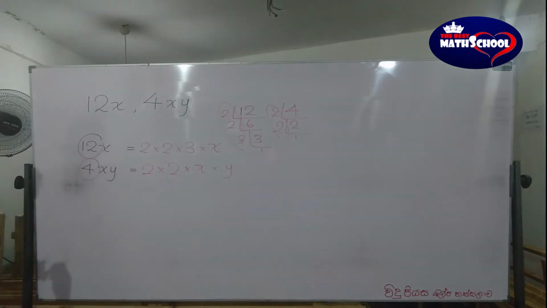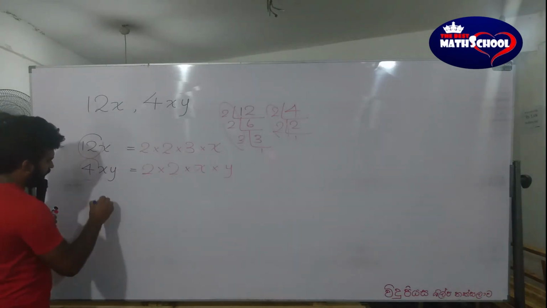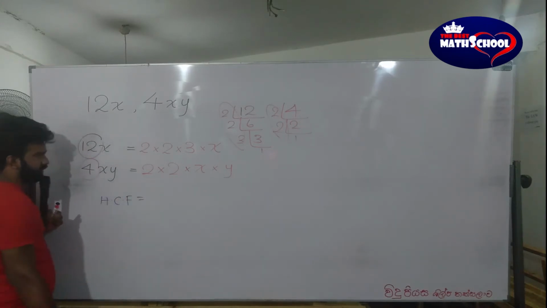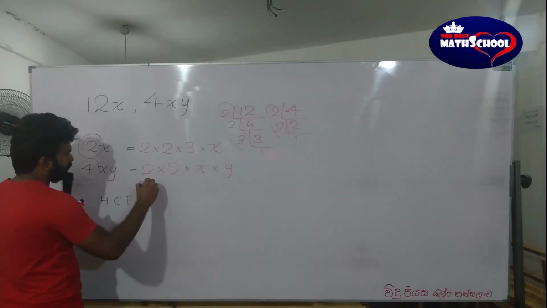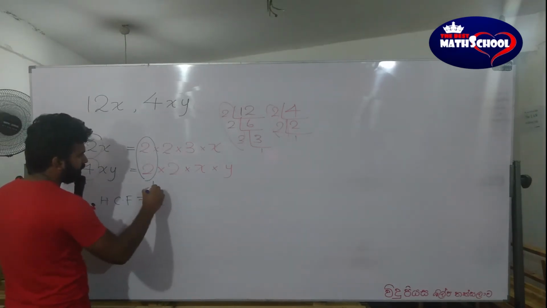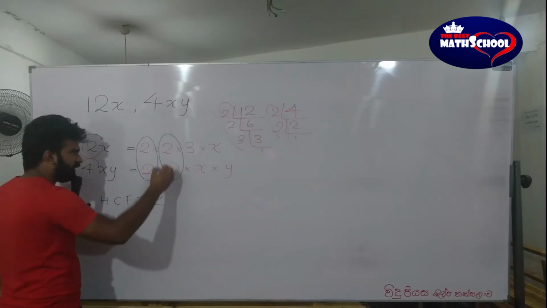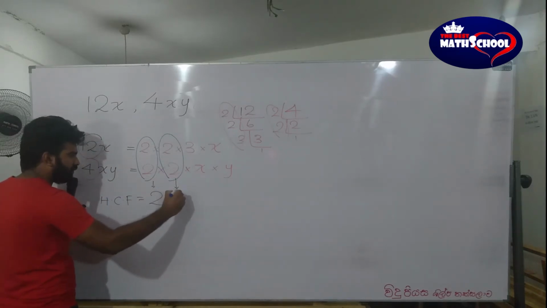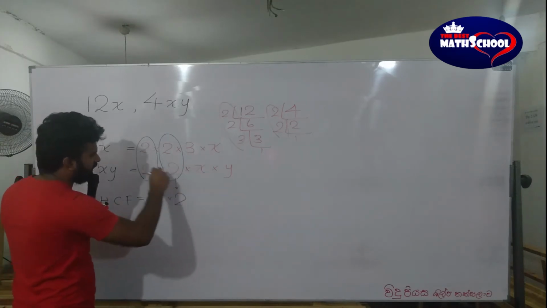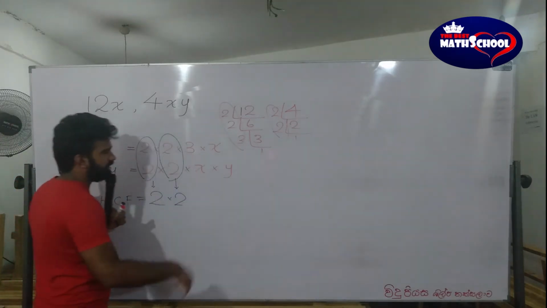Now the thing is, you should take the common factors out. To find HCF, we should take the common factors out. What are the common factors? 2 will be common, right? Another 2 will be common here, 2 and 2. And 3 we can't take, there are no 3's here.